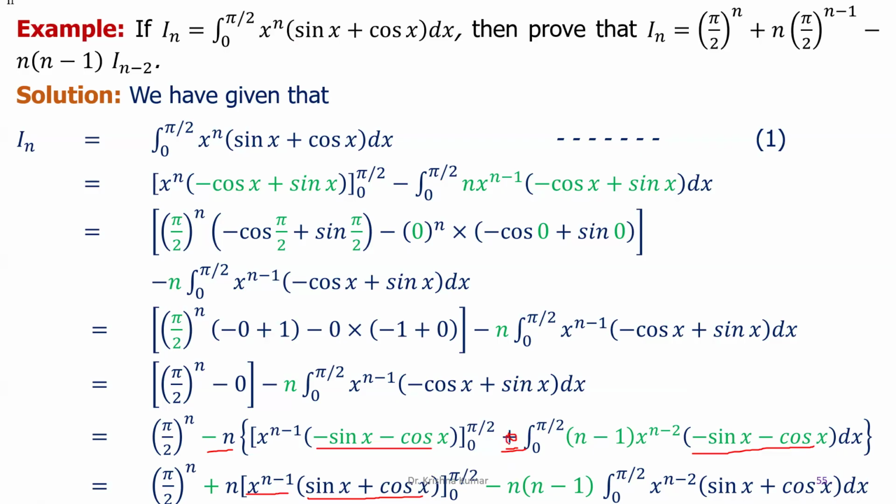Actually, this is minus sign, not plus sign. So minus into minus gives plus, and again this minus will become minus sign. So this is minus n into (n minus 1) times the integration under the limit 0 to pi by 2 of x to the power n minus 2 (sin x + cos x) with respect to x. Let us again substitute the limit.